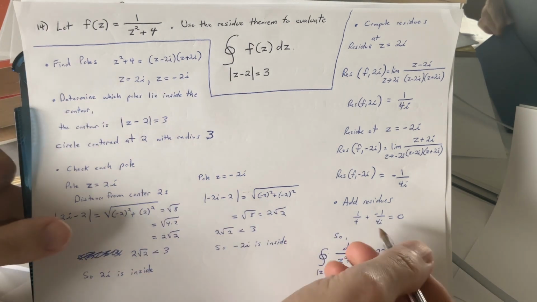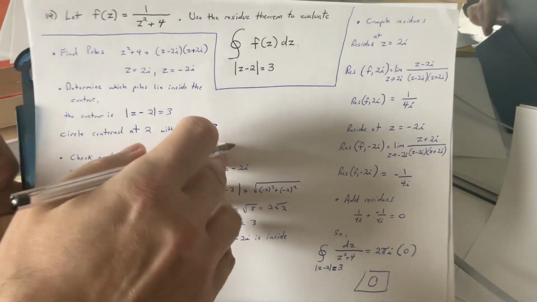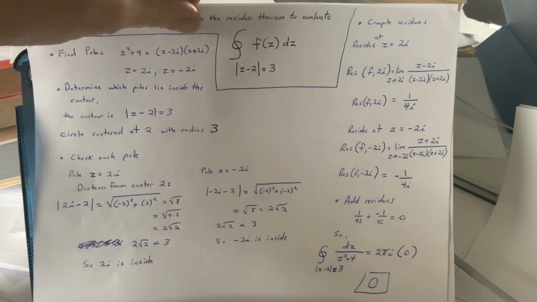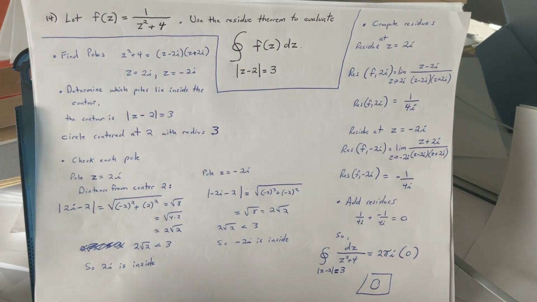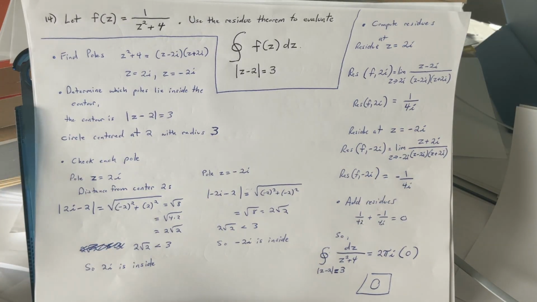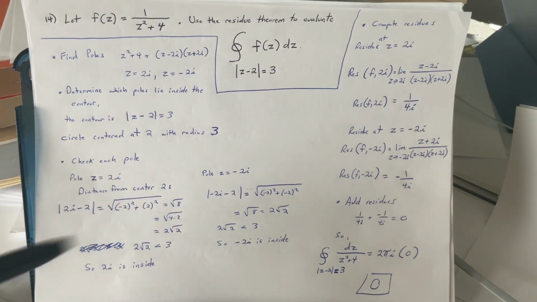Sorry about that, that should be an i. Adding those residues together, 1 over 4i plus negative 1 over 4i equals 0.